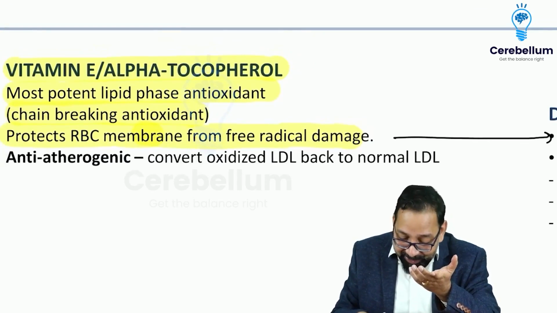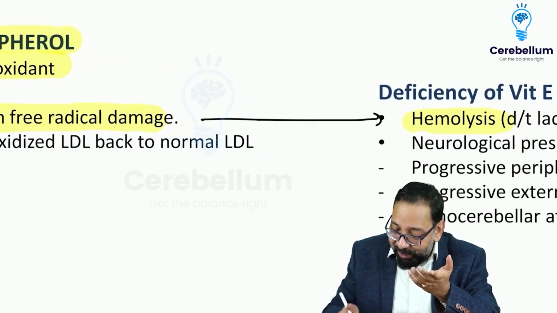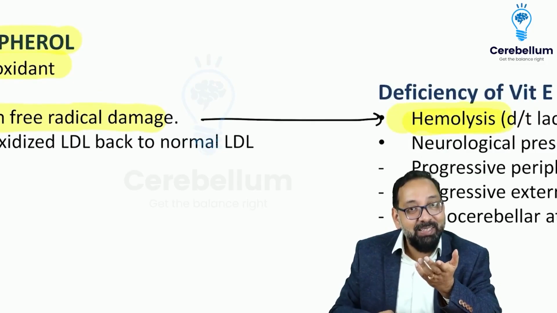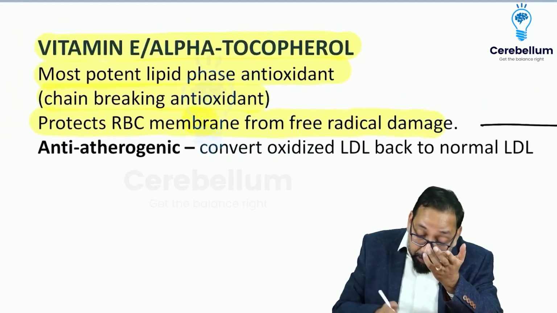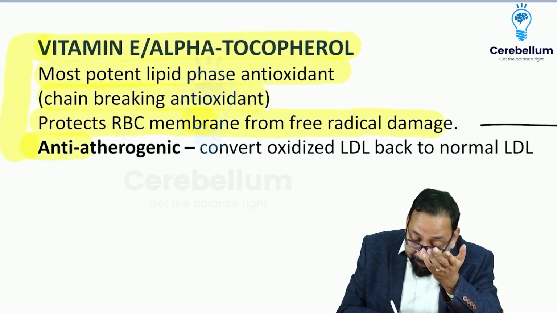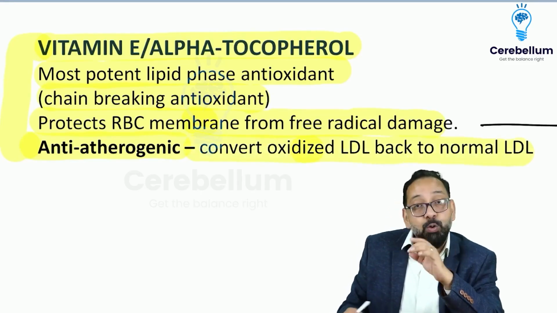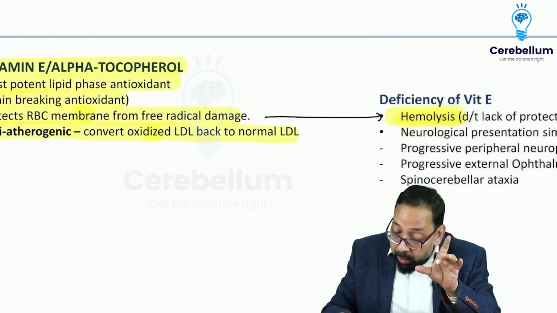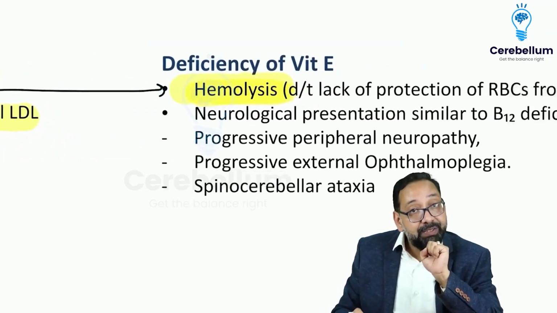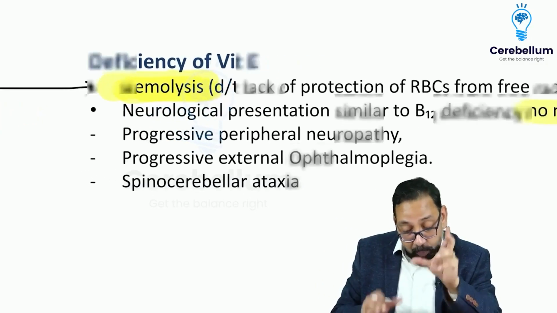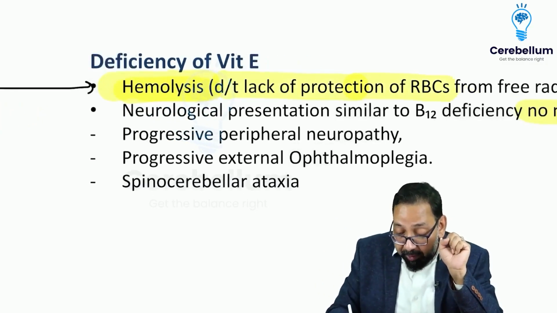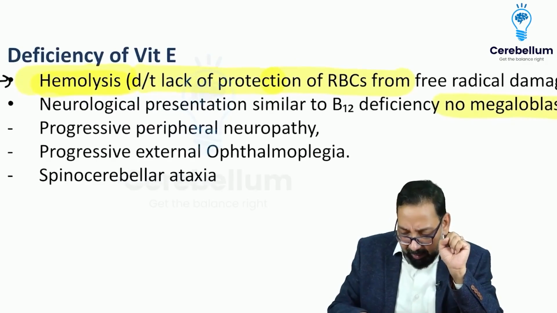So in vitamin E deficiency, in clinical scenario, many times you will find hemolysis. We found that vitamin E has anti-atherogenic property because it converts oxidized LDL back to normal LDL. What are the features of vitamin E deficiency? I just told you it leads to hemolysis due to lack of protection of RBC from free radical damage.